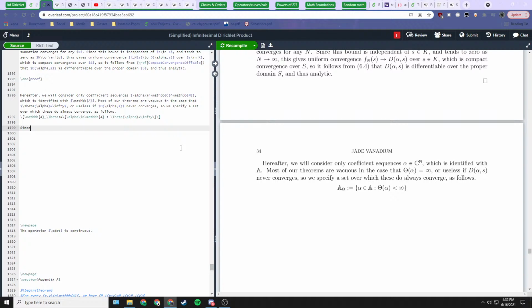We have this set that we're going to be considering, and we'll also notice that for any alpha in A sub theta, the Dirichlet series D alpha of s is analytic in some right half plane.